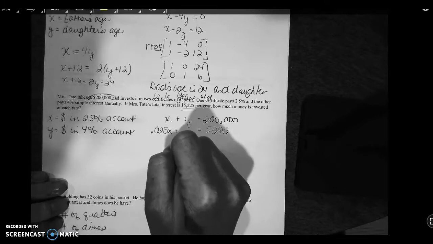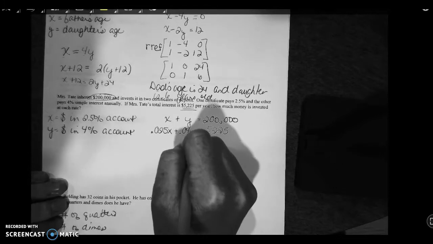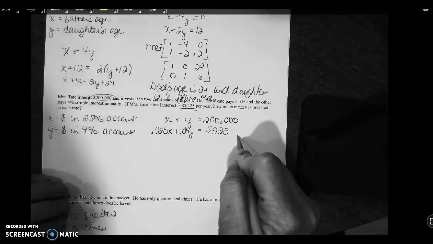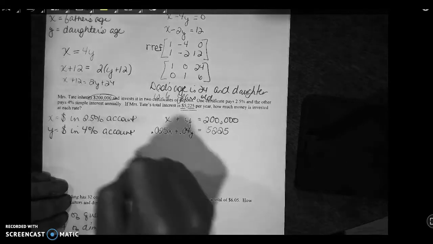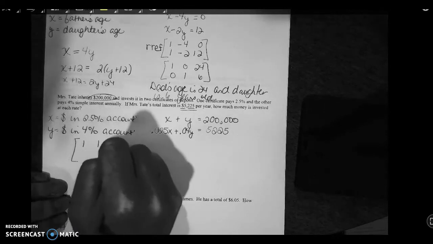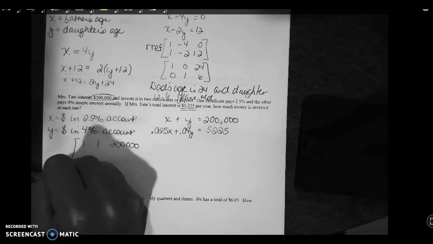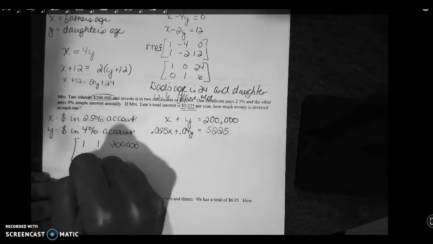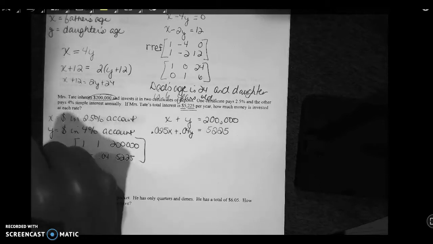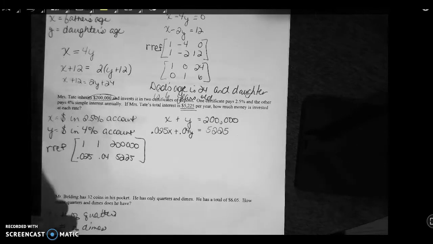For my other account, I'll take 0.04 and multiply it by y. So I have a total amount of money, and I have an equation for the interest earned. And this is actually set up in a way that I can go straight into writing it as a matrix and doing RREF of this matrix. So I'm going to go ahead and do that over here on the side in my calculator.